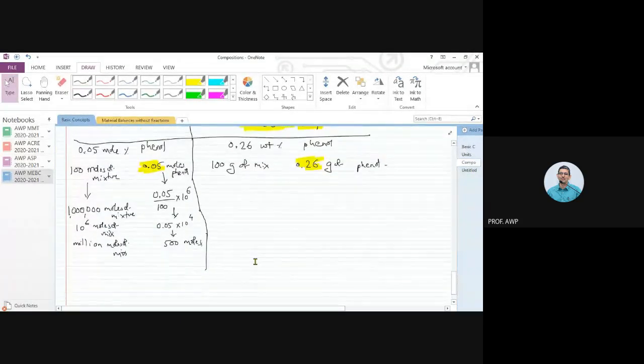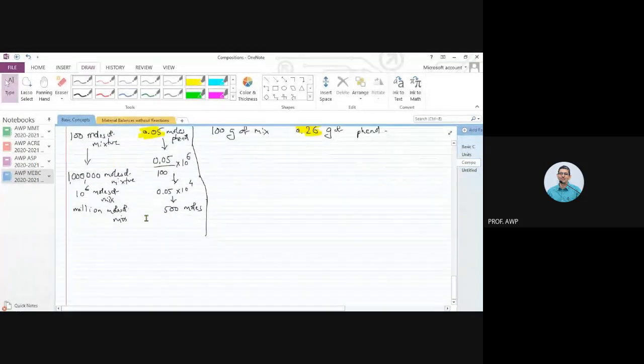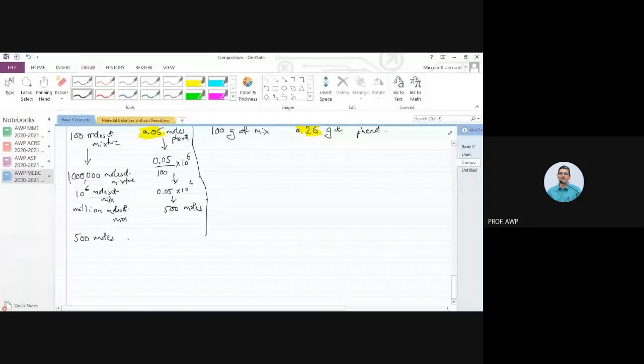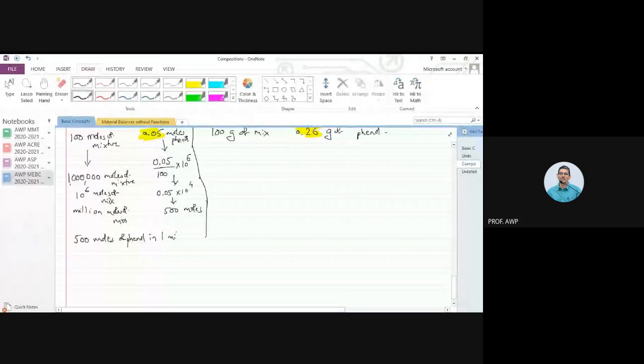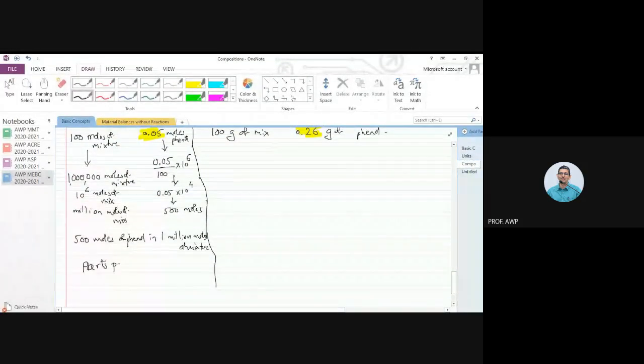Right? So rather than talking about composition in terms of mole percent, we would rather talk about 500 moles of phenol in 1 million moles. So we talk about parts per million.